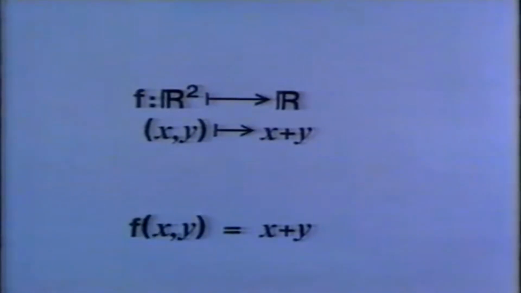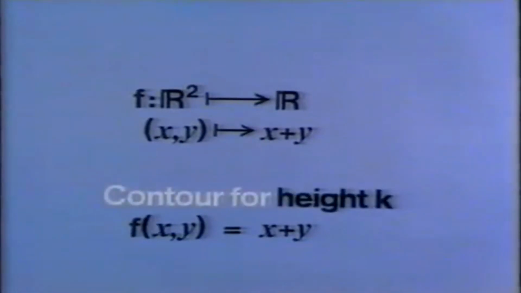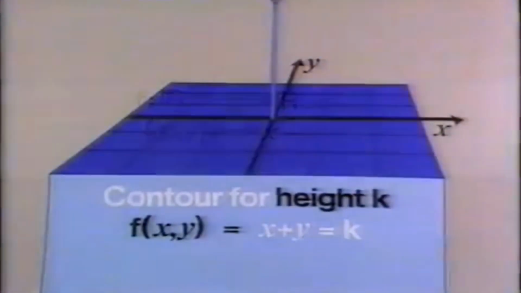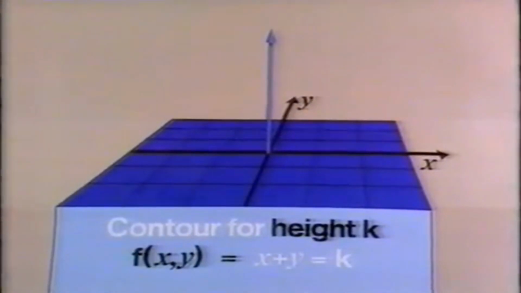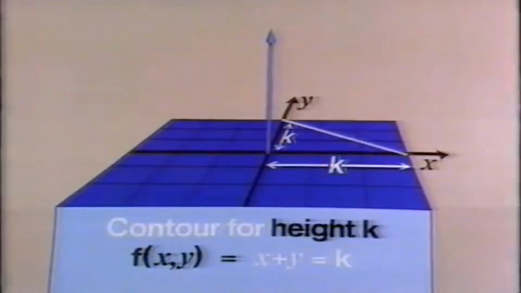Let's look at some more examples. For instance, the function (x, y) maps to x plus y. The contour for a given height k is given by the equation x plus y equals k. So this time, each contour is in fact a straight line at 45 degrees to the axes.